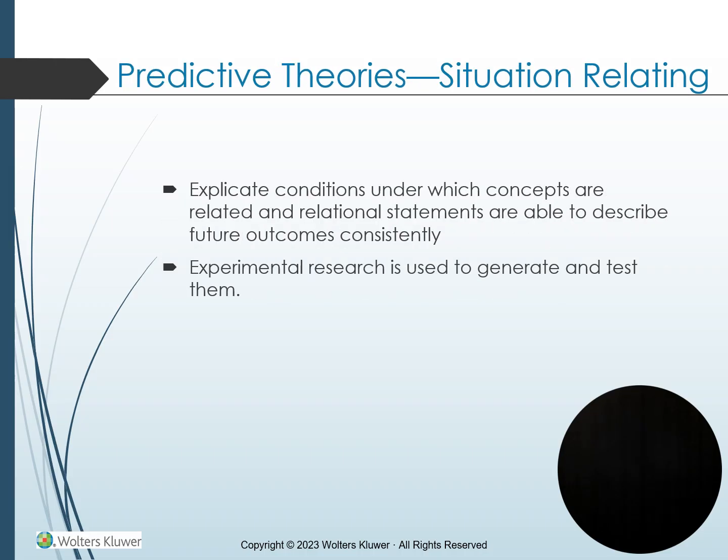That is our explanatory theories. Whereas predictive theories are situation relating. They explicate conditions under which concepts are related, and relational statements are able to describe future outcomes consistently. Experiential research is used to generate and test them.